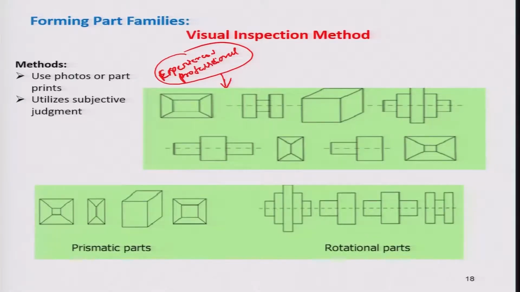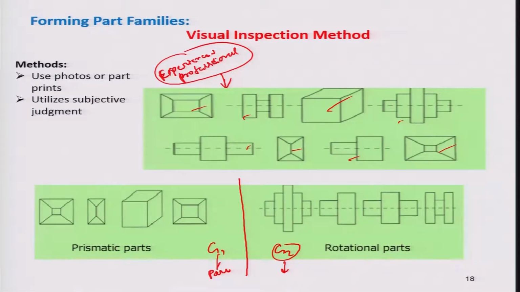Here you can see that after visual inspection there are two groups, G1 and G2 part family. Here they are the prismatic parts: this one, this one, this one, and this one. They are prismatic in shape, and here they are all rotational parts. So these are clubbed together, and those are clubbed together in a different group. This is completely based on visual inspection.